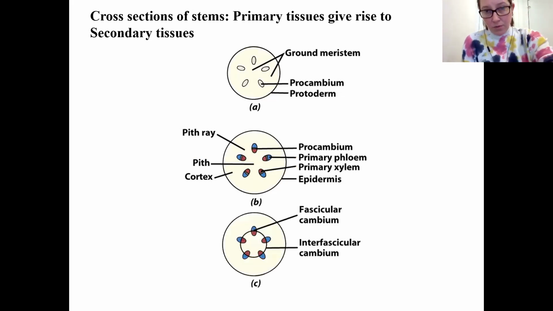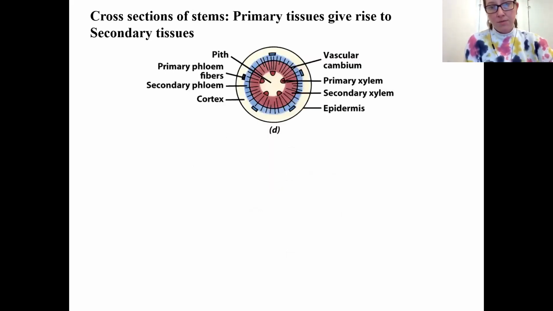Eventually, don't worry about those words, but eventually parts of the ground tissue system and parts of the vascular tissue system are going to make the lateral meristems, which are called the vascular cambium.